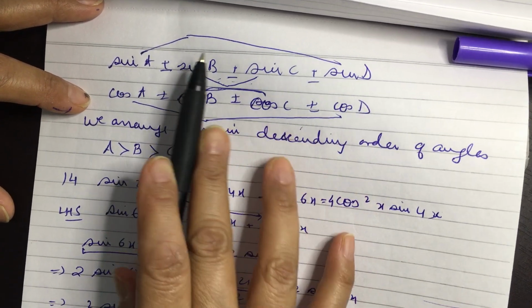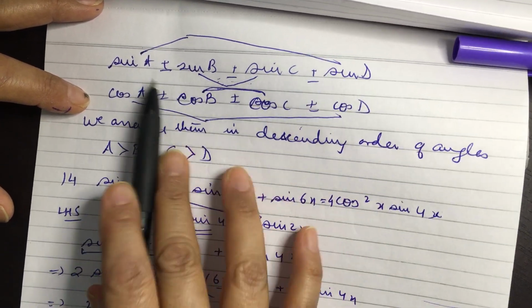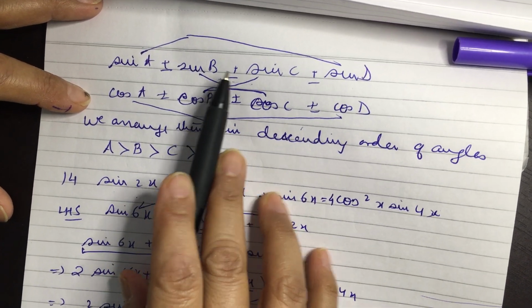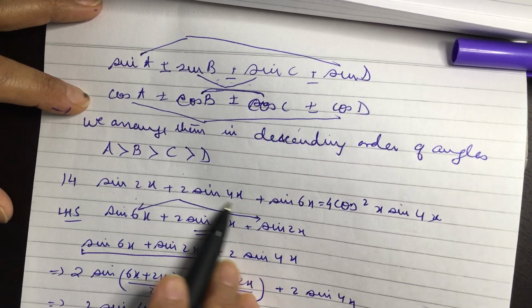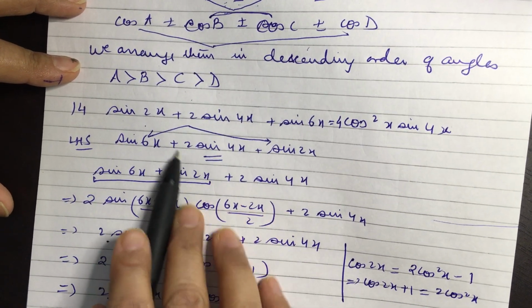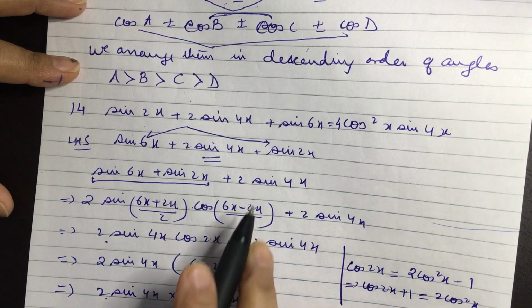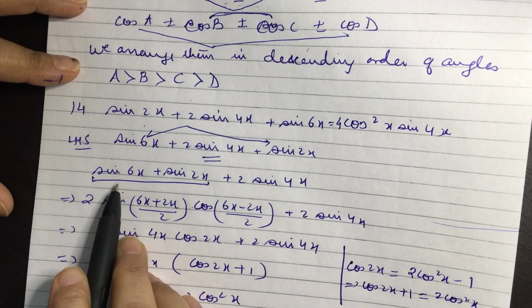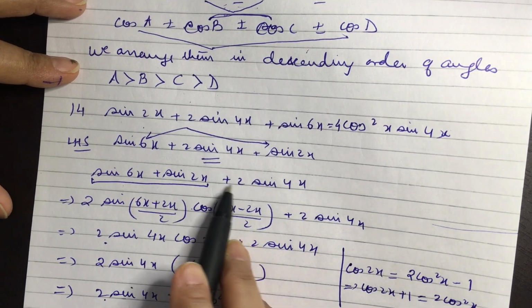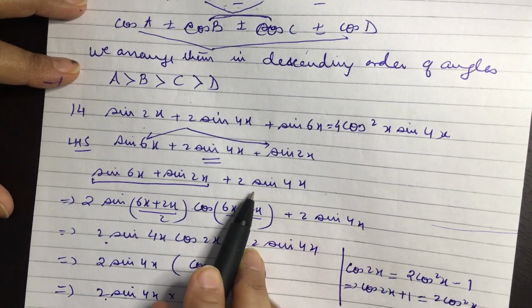Then we combine the extremes together and we combine the middle two terms together. In case of an odd number of terms, like in this question, we combine the extremes together and leave the middle one alone. Then what we get is sine 6x plus sine 2x, and this term is separate.